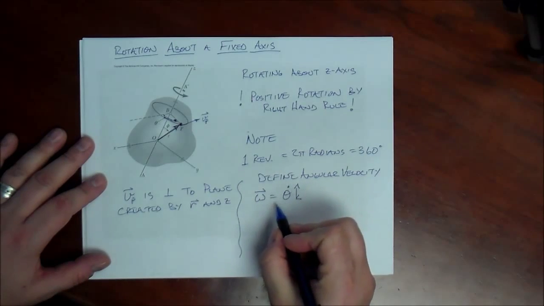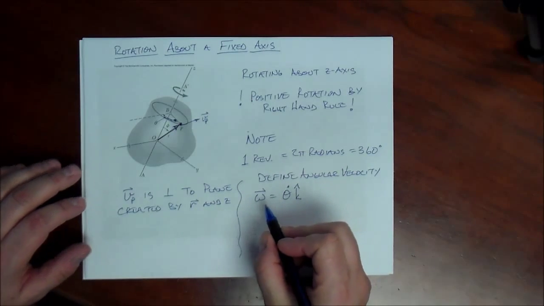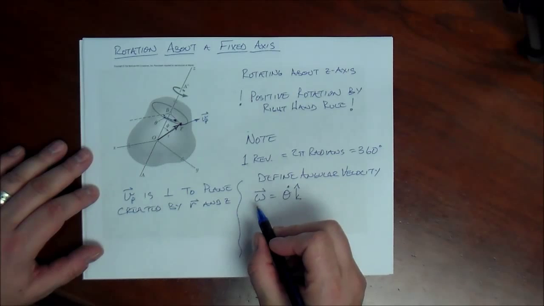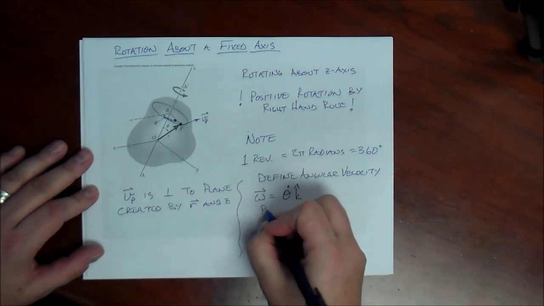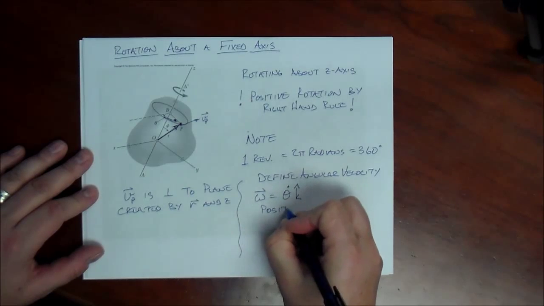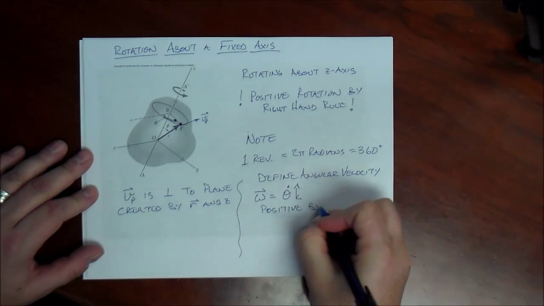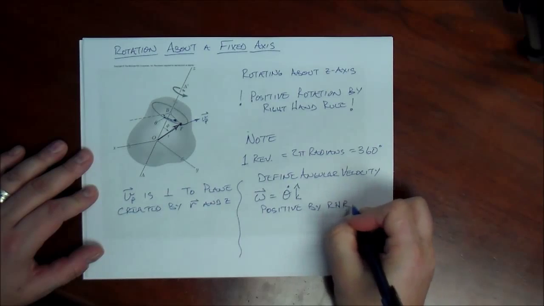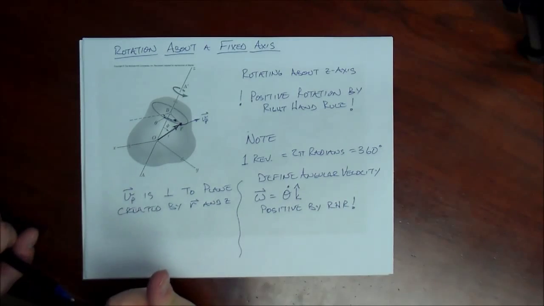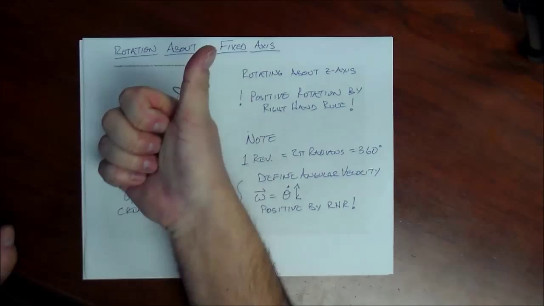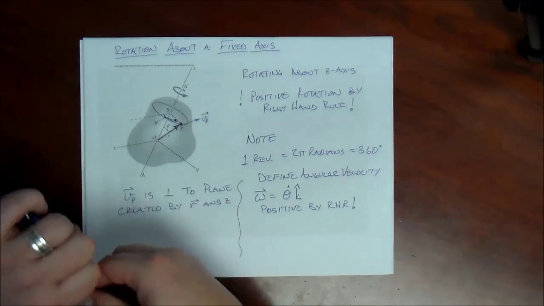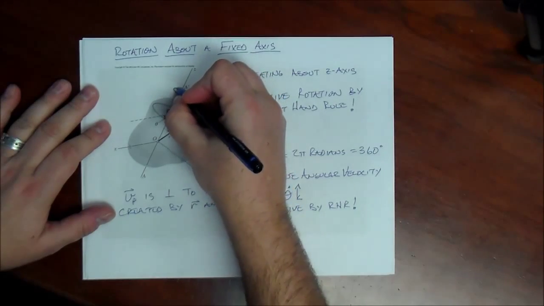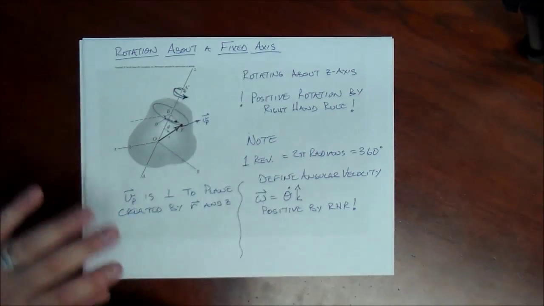And the positive direction for the angle and omega is defined according to the right-hand rule. So in this case, if the z-axis is positive this way, the positive direction of rotation goes by our fingers. So the positive theta direction is just like this arrow, that way.